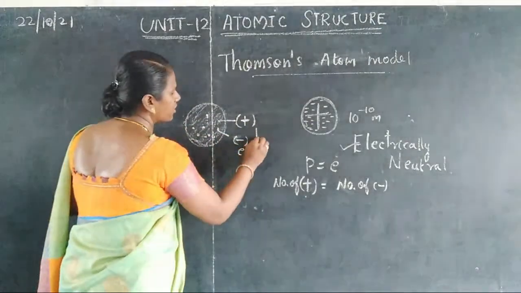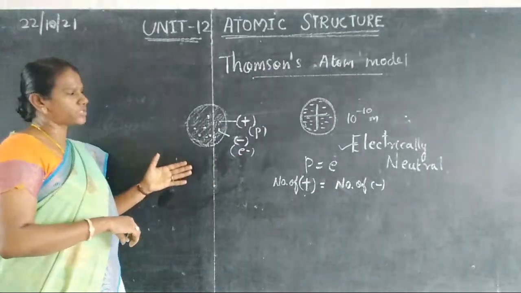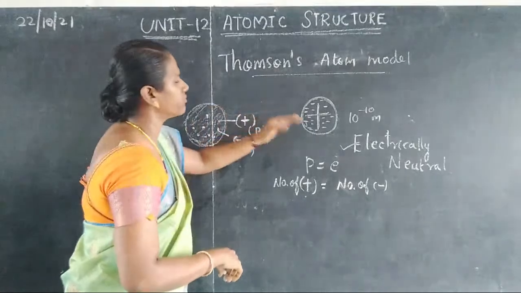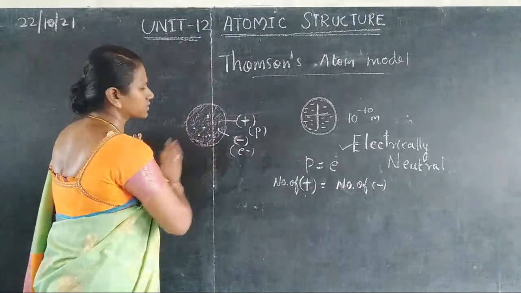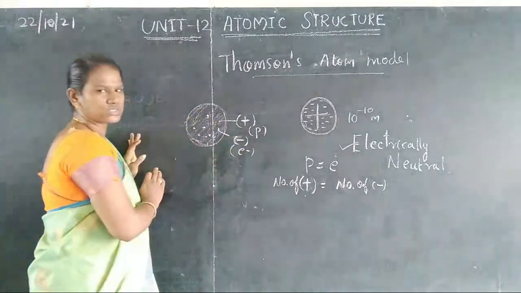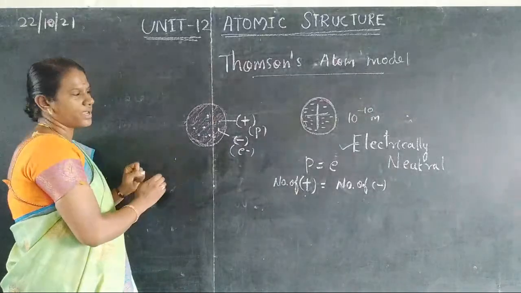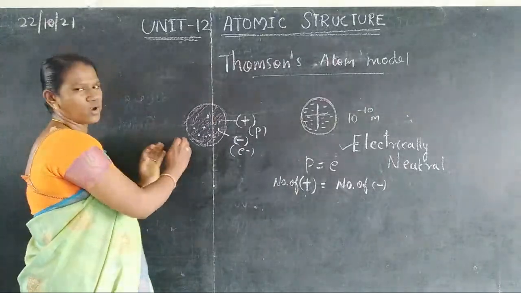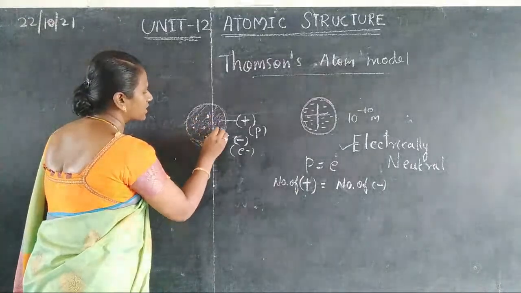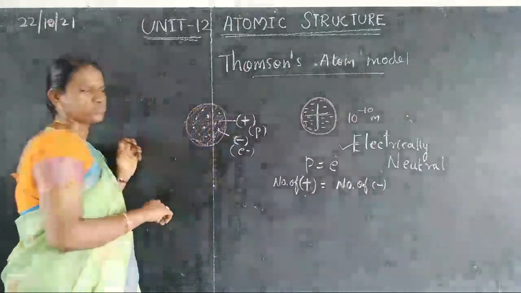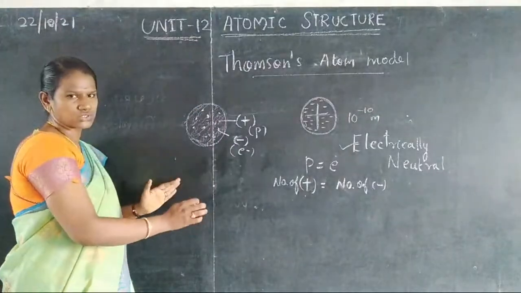This is an electron and this one is a proton. So in the watermelon, the red mass is considered as the positive charges, and the electrons are embedded like seeds in it. The electrons are embedded in the positive charges.